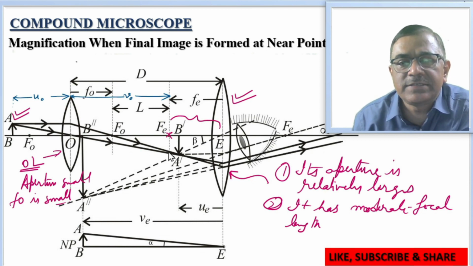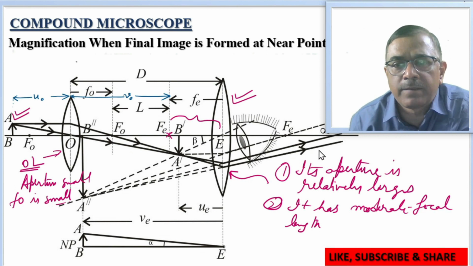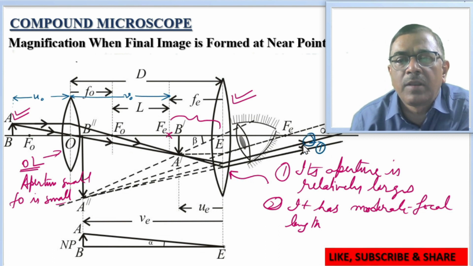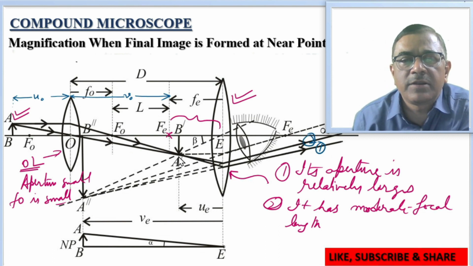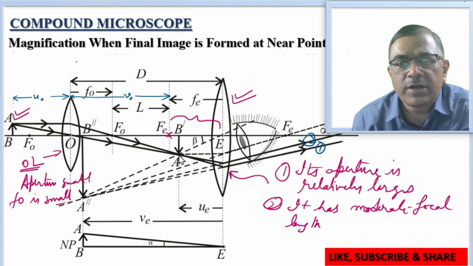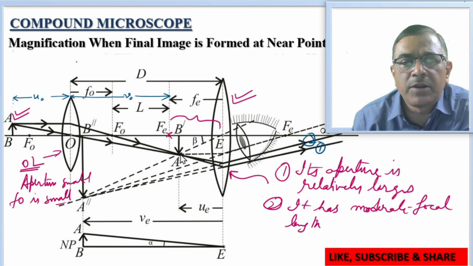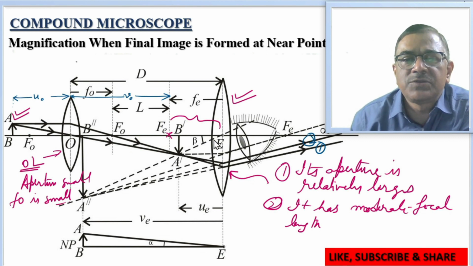Extend these rays and allow refraction from the eyepiece as well, and mark these rays as 1 and 2. My suggestion will be that you should also draw dotted lines from point A dash, a dotted line parallel to the principal axis, which has to pass through the focal point, and another dotted line passing through the optical center of the eyepiece.